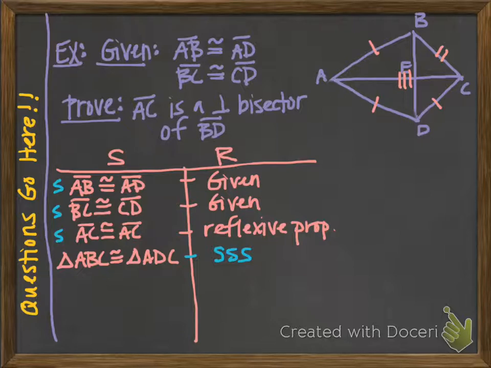But perhaps by CPCTC, I could state enough information about these two triangles that I've already proven congruent to then say two other triangles are congruent. And therefore, by CPCTC again, we could say BE and ED are congruent. So perhaps we go that route. Let's see what else we know.